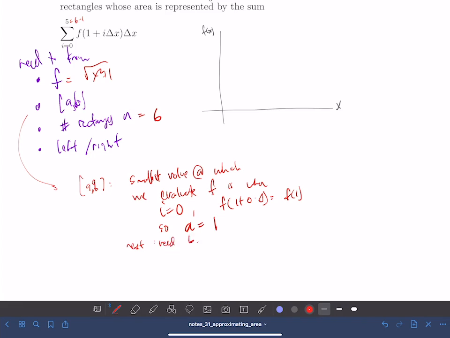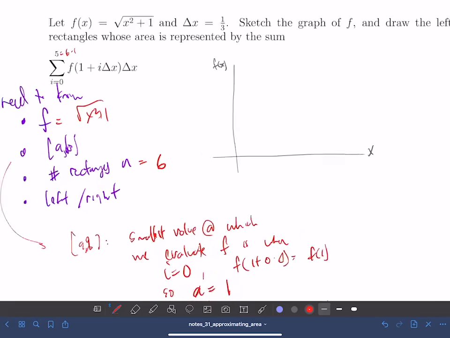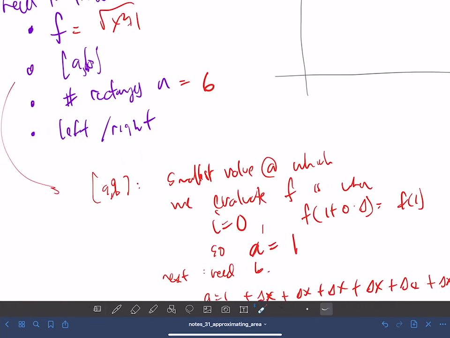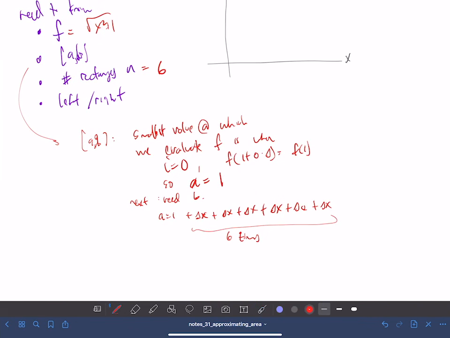I'm starting at a equals 1, and I'm going plus delta x, plus delta x, and so on. Why 6 evaluations? Because looking at the sum, there are a total of 6 indices that I'm adding over. So I'm starting at 1 and adding delta x a total of 5 times.